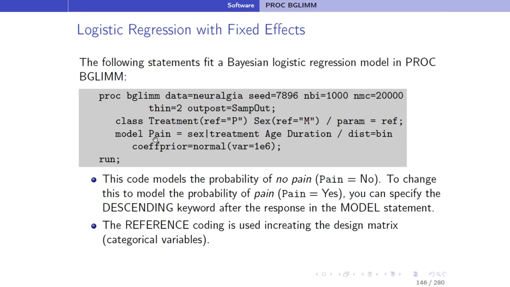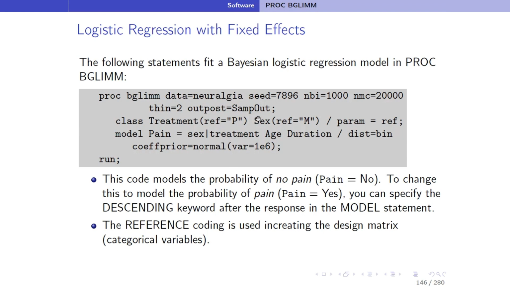Let's look at the model statement. The model statement models the probability of no pain. If you want to model the probability of pain equal to yes, then you specify the descending keyword after the response in the model statement. And then there's the interaction between gender and treatment.